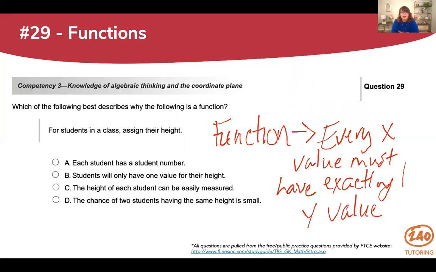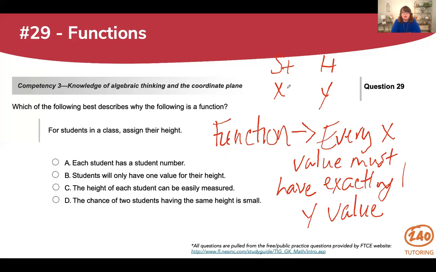So every x value must have exactly 1 y value, not more than 1. So let's talk about this. For students in a class, assign their height. So the students are the x and their heights are the y.